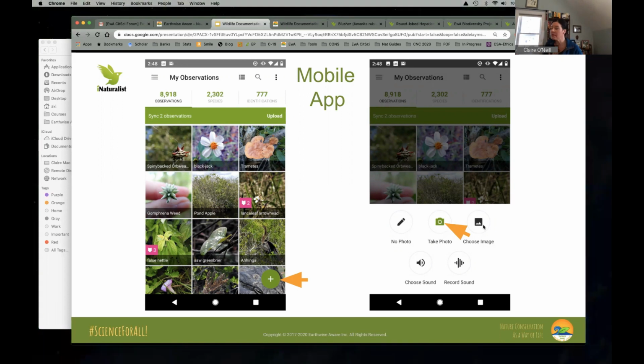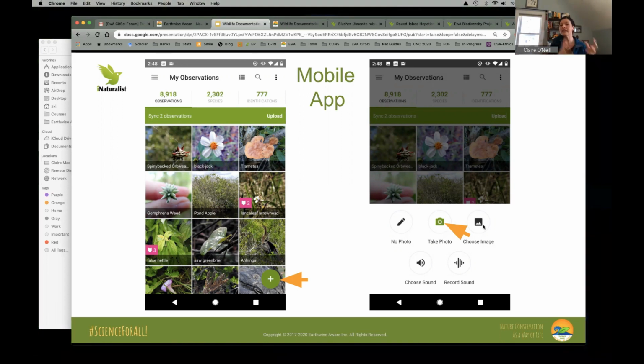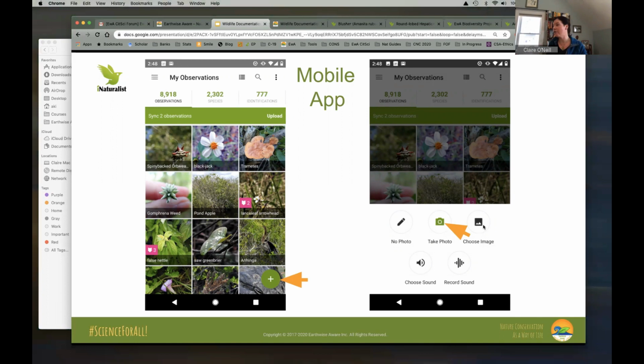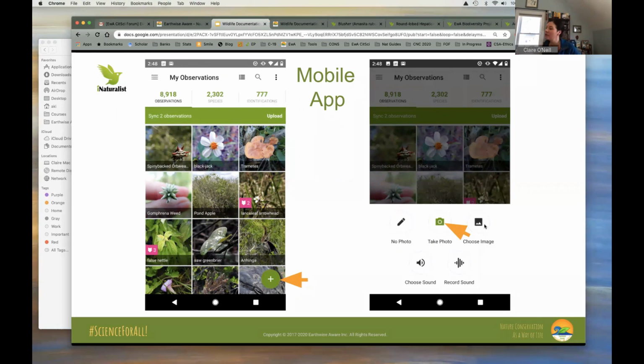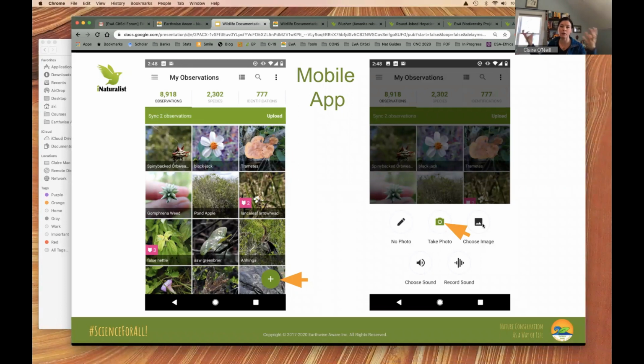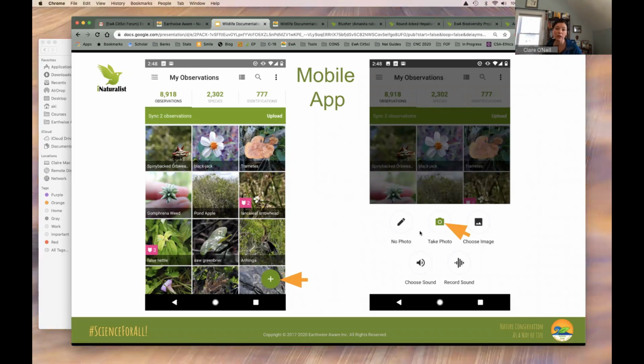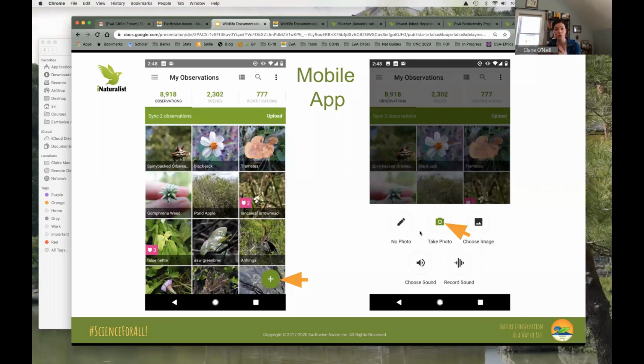this is something that I do. I take a picture with the camera on my phone, and then I choose image, go to my gallery of pictures, and pick the ones that constitute a set. It's really up to your preference. The reason I do it this way is that I like to edit my pictures.